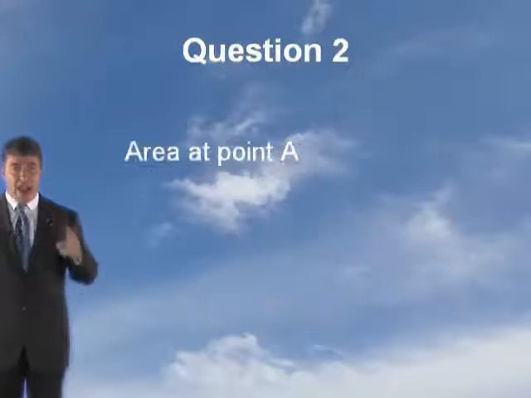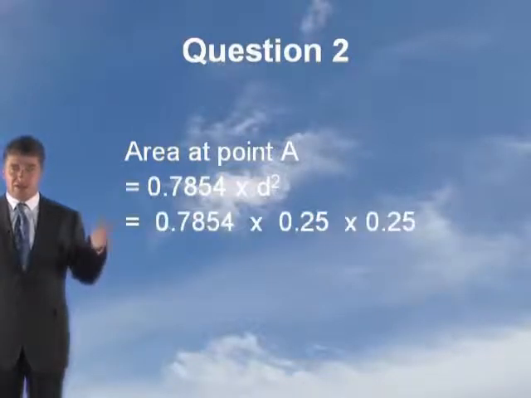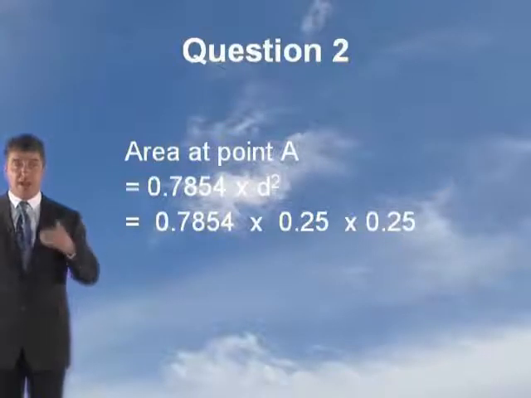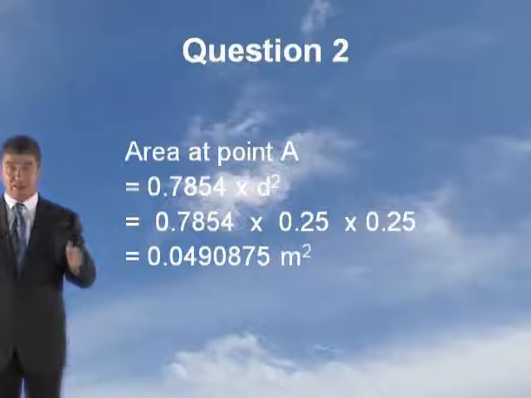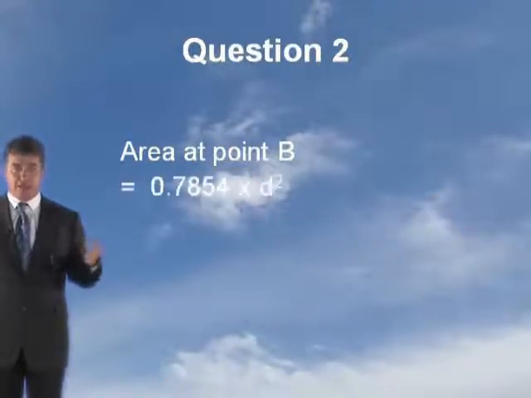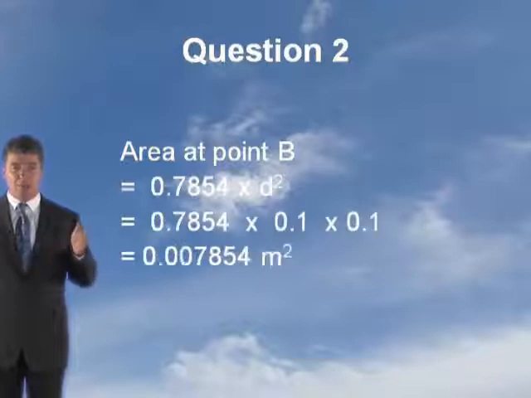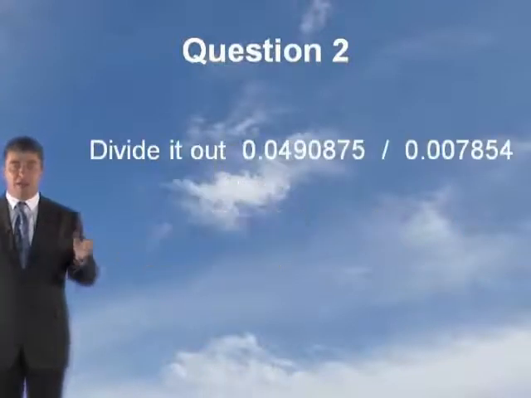The area at point A equals 0.7854 times d squared, which, with 250 mil, so 0.25 times 0.25, gives 0.049085 metres squared. That's the area at point A. And the area at point B, using the same formula, turns out to be 0.007854 metres squared.